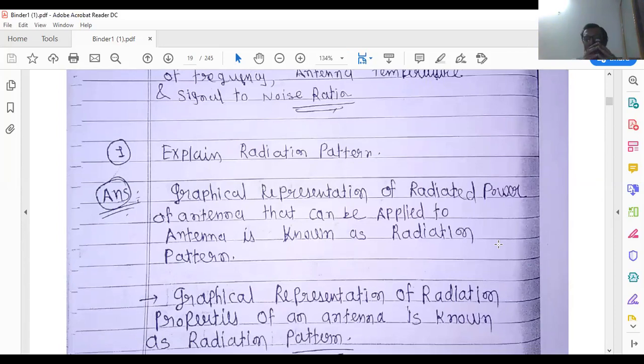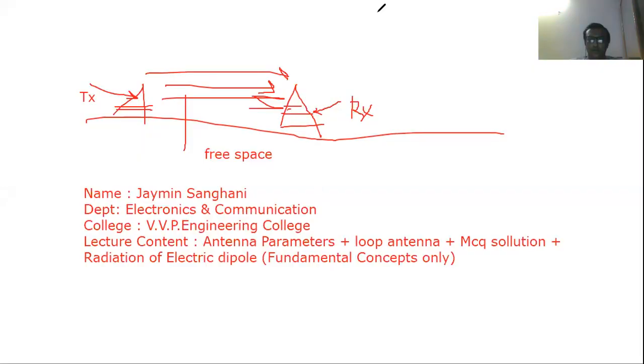Let us start with the first MCQ. See this, which type of MCQ can be asked. The first MCQ I have shared with you is radiation pattern.